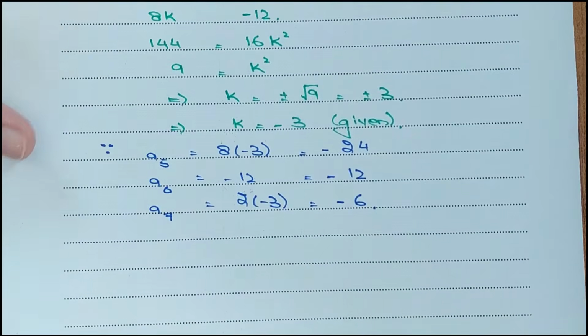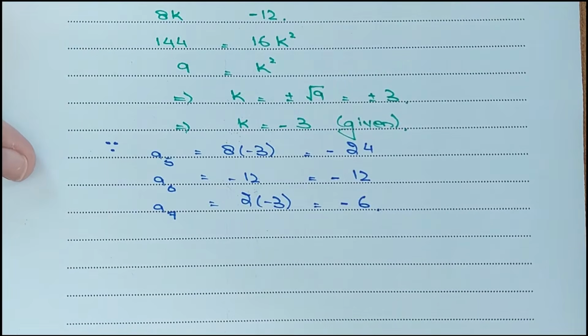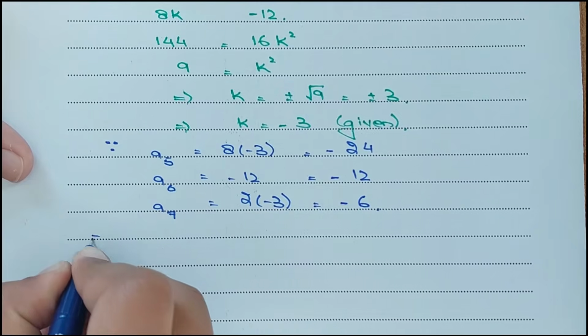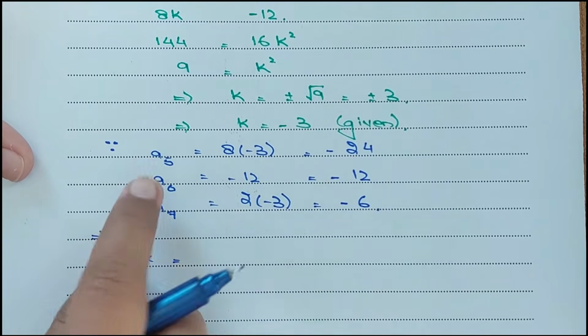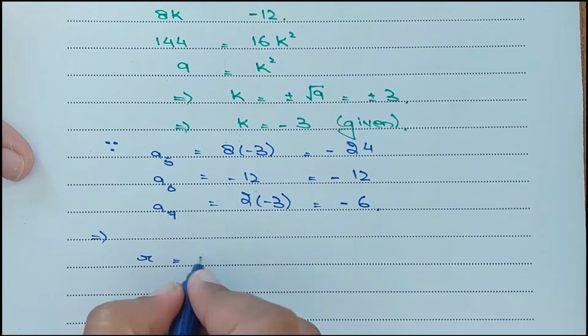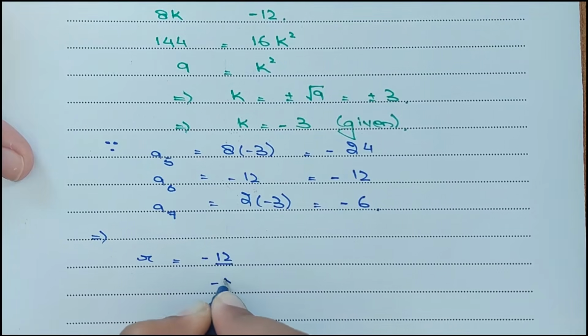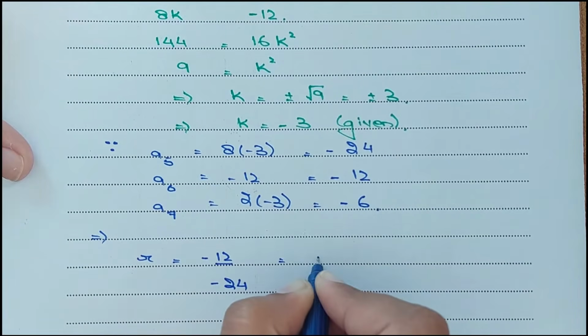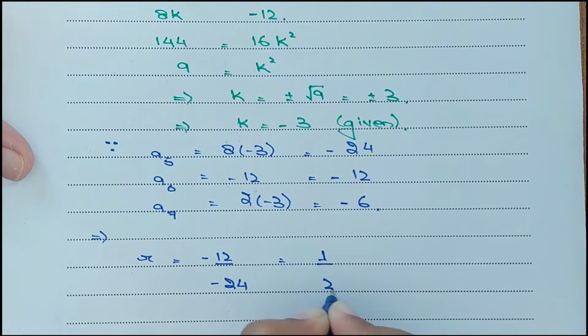These are the three terms. Now let me solve for r, the common ratio. r is a6 over a5, minus 12 over minus 24, which is 1 by 2. So we got the r value, which is 1 by 2.